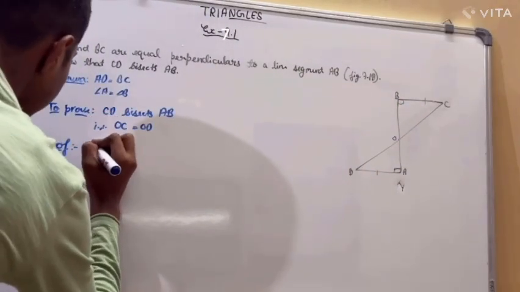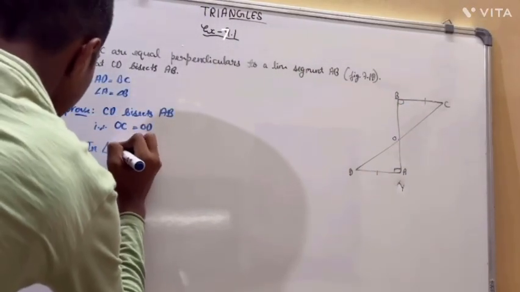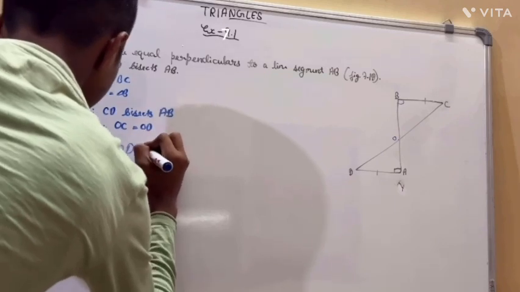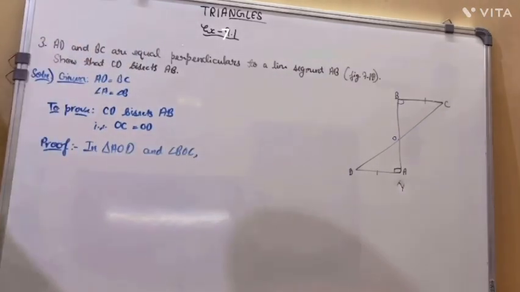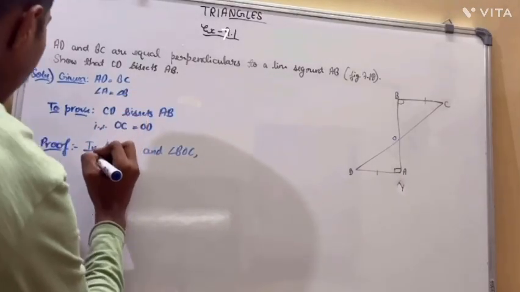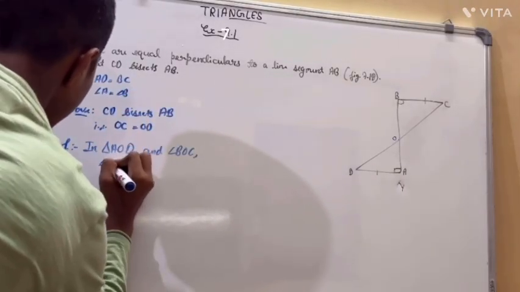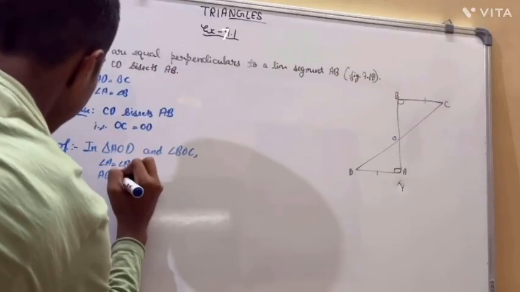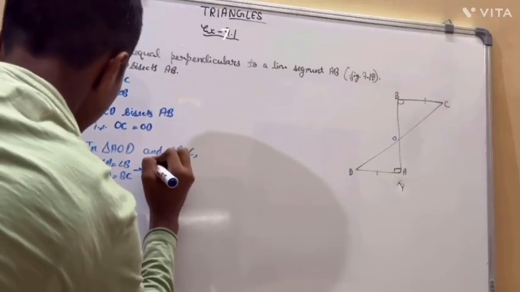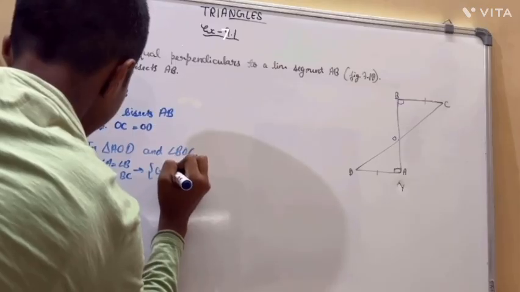So in triangle AOD and triangle BOC, angle A is equal to angle B and AD is equal to BC. Both are given in the question.